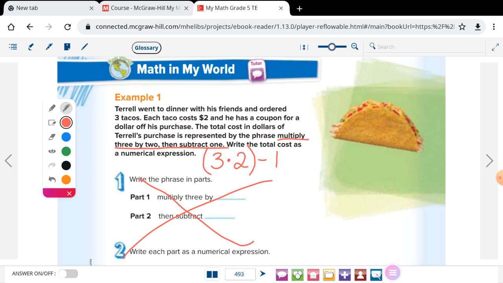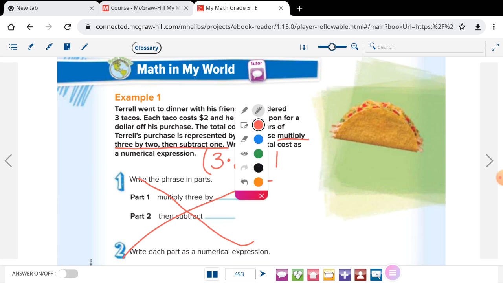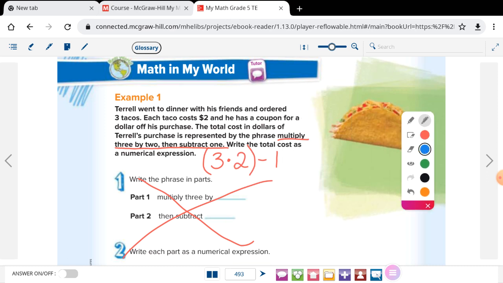Add parentheses if needed. So let's go ahead and solve this. Brady, what would I do first? 3 times 2. Okay, what is 3 times 2? 6. I'm going to underline that and put 6 minus 1. Go ahead, Brady, finish it out. 6 minus 1 is 5.